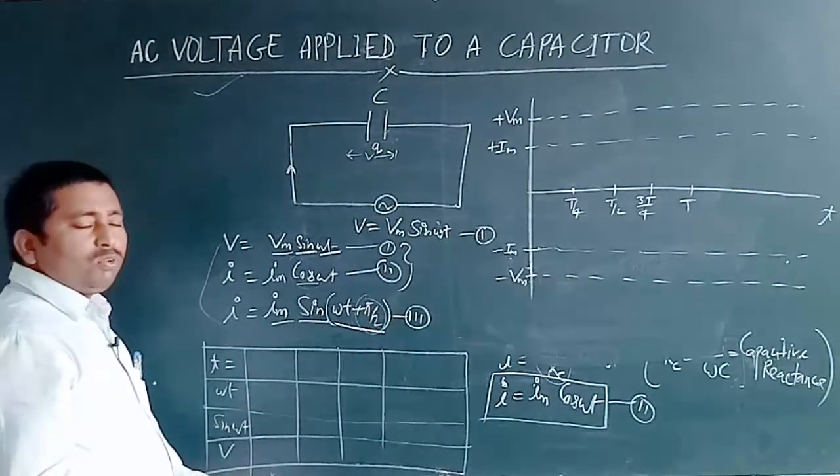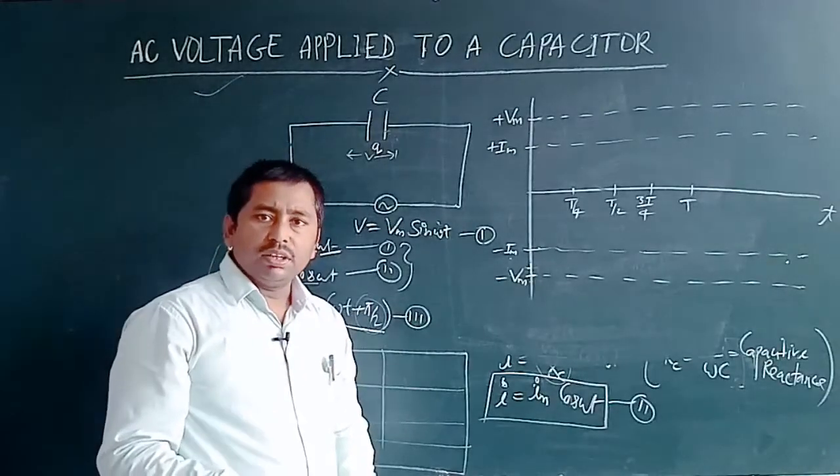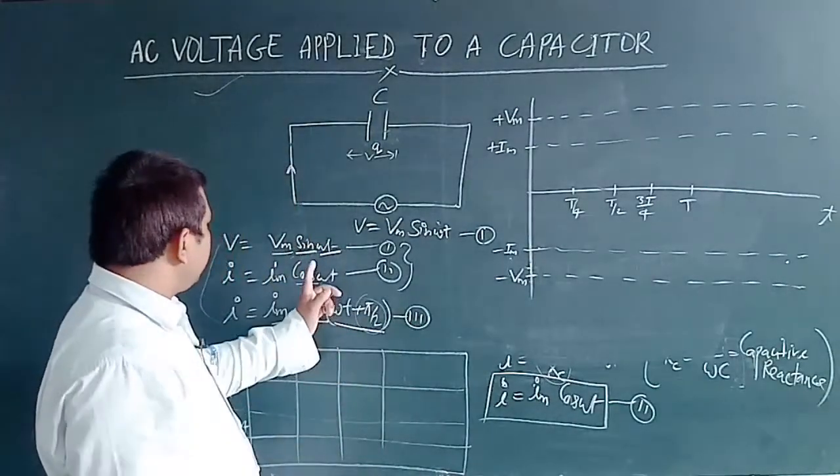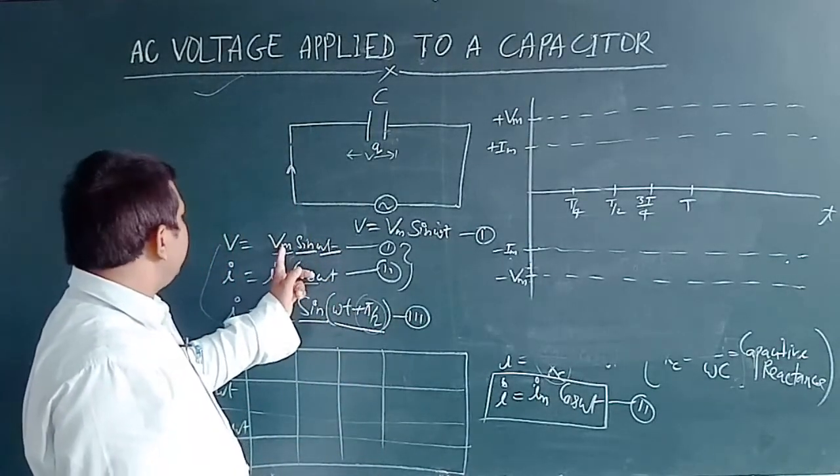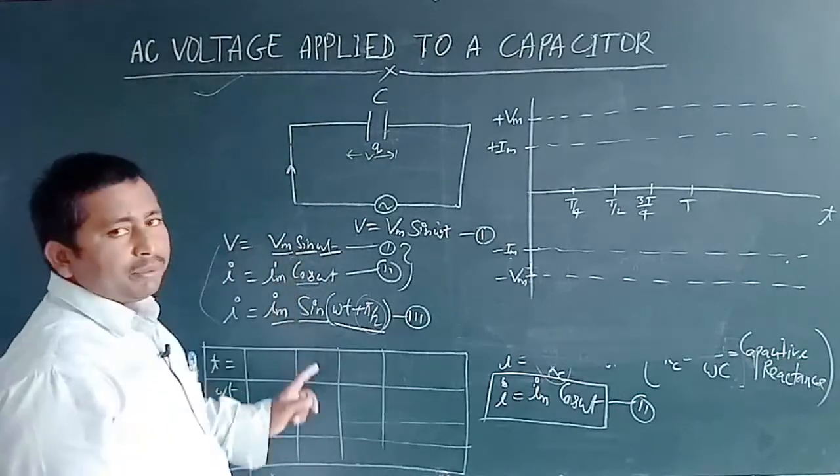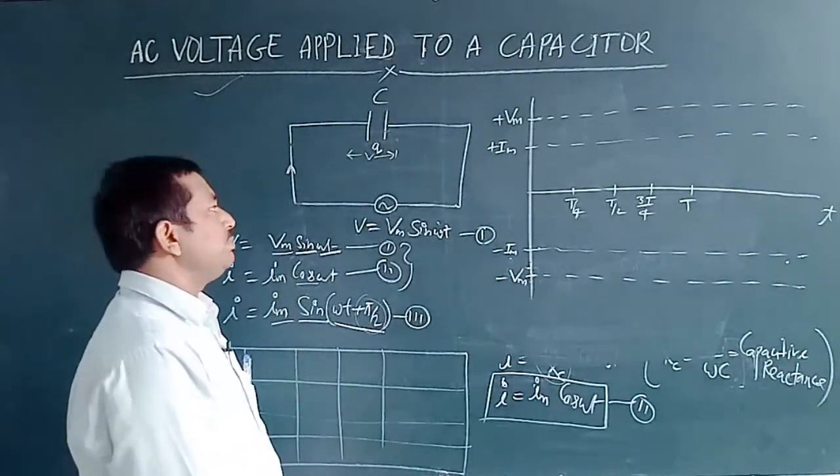Once the value of omega t comes out, multiplying by Vm, you can easily obtain the value of V at different instants of time t.